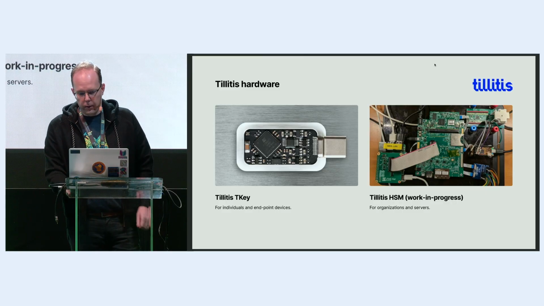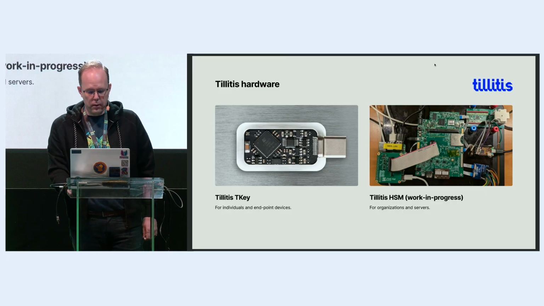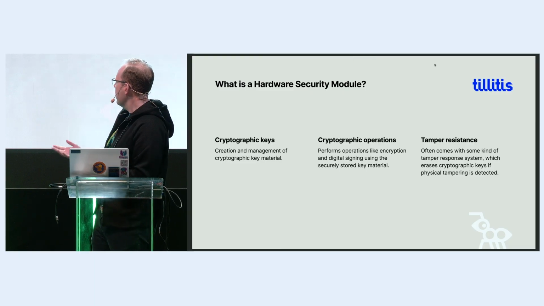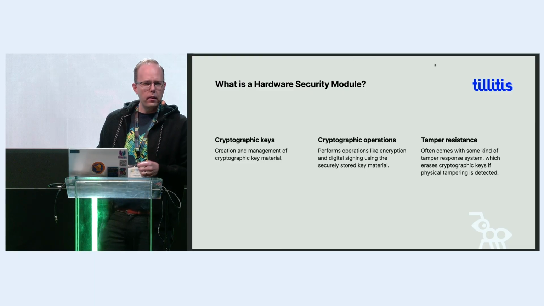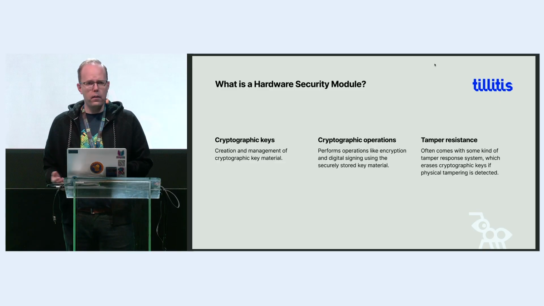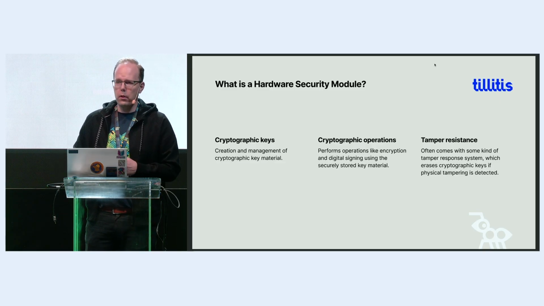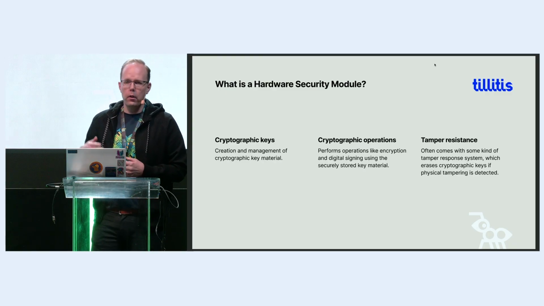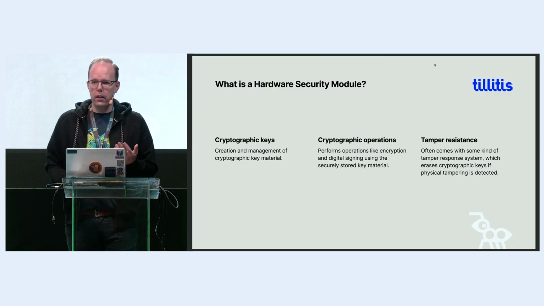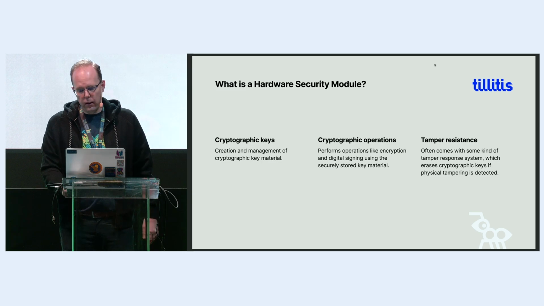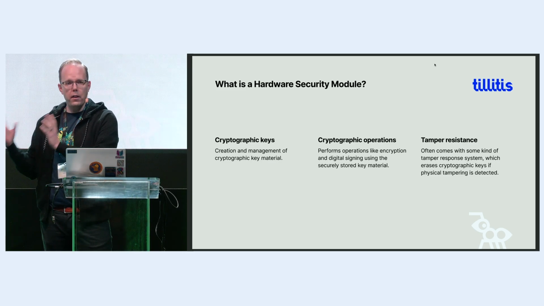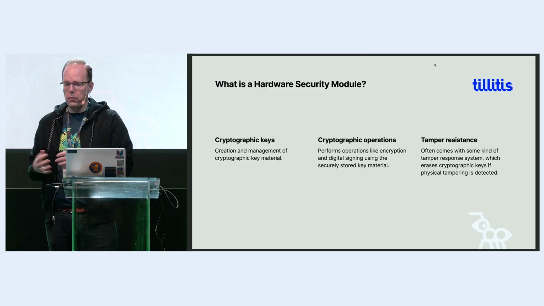And on the right-hand side is our HSM prototype. What is an HSM? Well, basically, it's like a YubiKey, or a TKey, except it's more powerful. And there's usually also a notion of physical security and tamper resistance, or tamper detection, or tamper reaction. So you have this computer. It holds keys that are very important to you, perhaps some type of signing key.